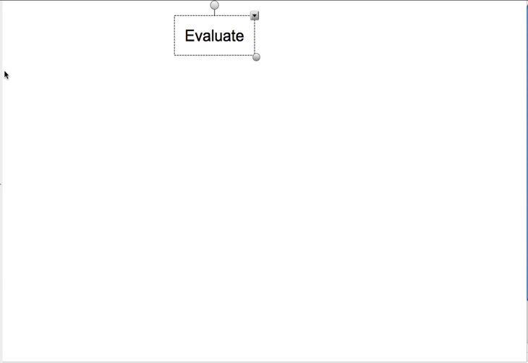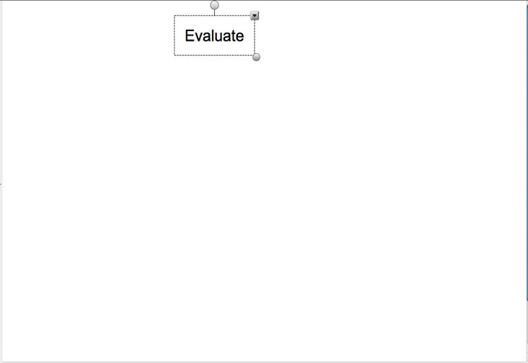Evaluation, or to evaluate a problem, is to replace instances of a variable with a number, like that computer program is going to do when you're buying tickets, and then solve or give an answer to it.